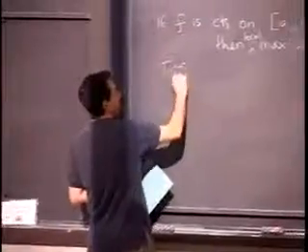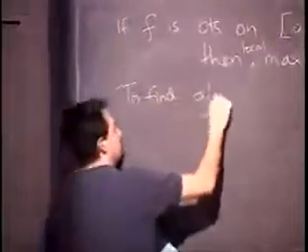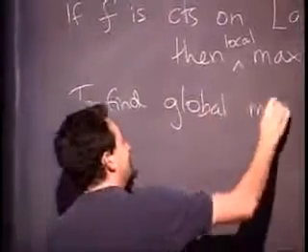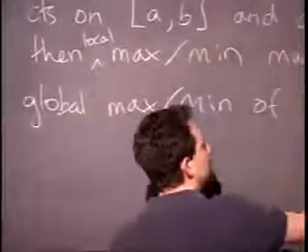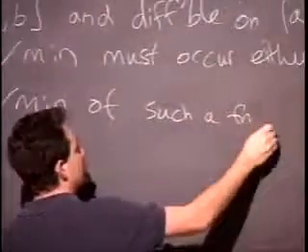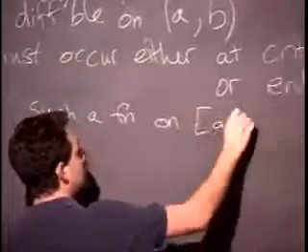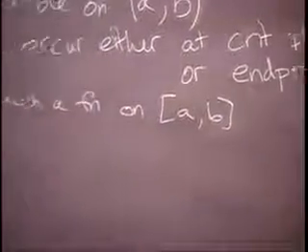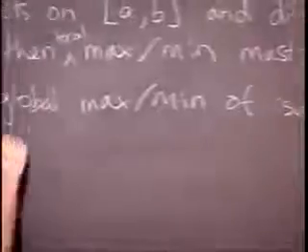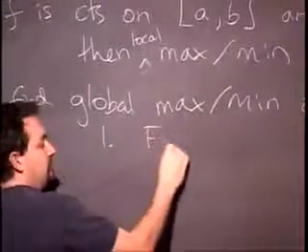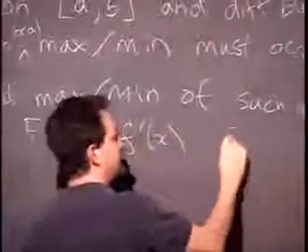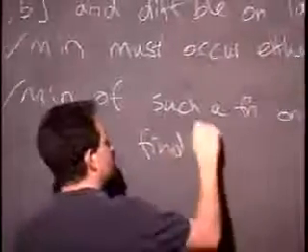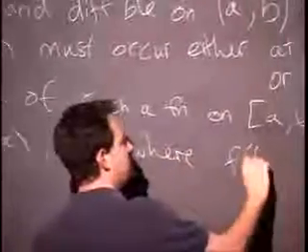So this suggests the following procedure to find a global maximum and minimum, or all the global max and minima, of such a function on a closed interval like a, b. Okay? So the first thing is find f prime of x and find where f prime of x equals 0.